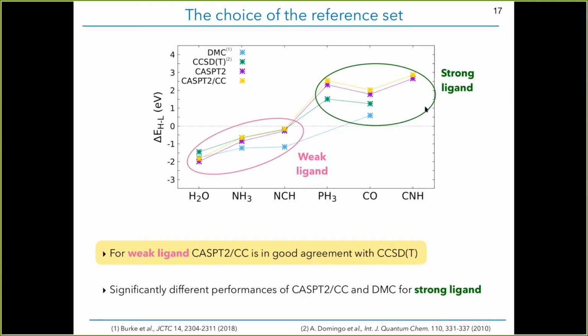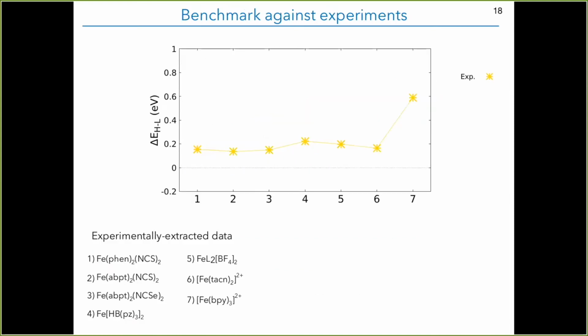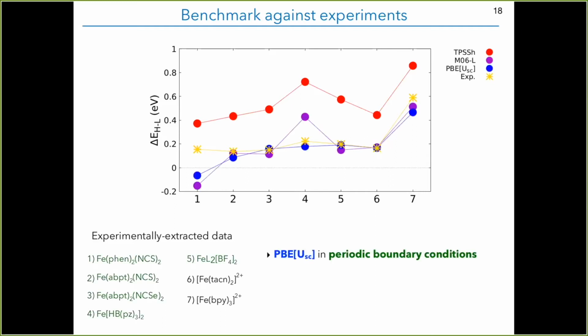But in order to overcome the problem of producing an internal reference value, we also studied a set of 7 iron 2 complexes for which experimentally extracted data are available. We test the performances of TPSSH, M06L, and of course the Hubbard-corrected density approach, that in this case, for the first 5 molecular crystal complexes, has been performed in periodic boundary conditions.